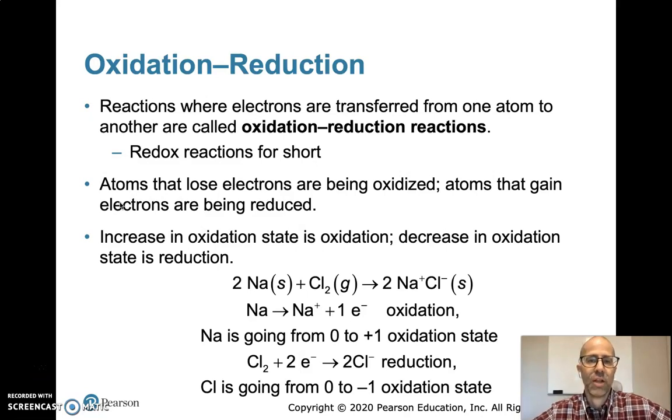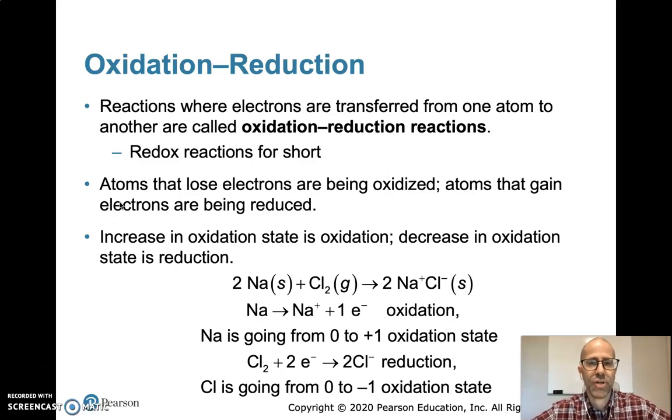Another one is LEO-GER. L-E-O, Leo the lion, goes GER. So LEO: loss of electrons is oxidation.